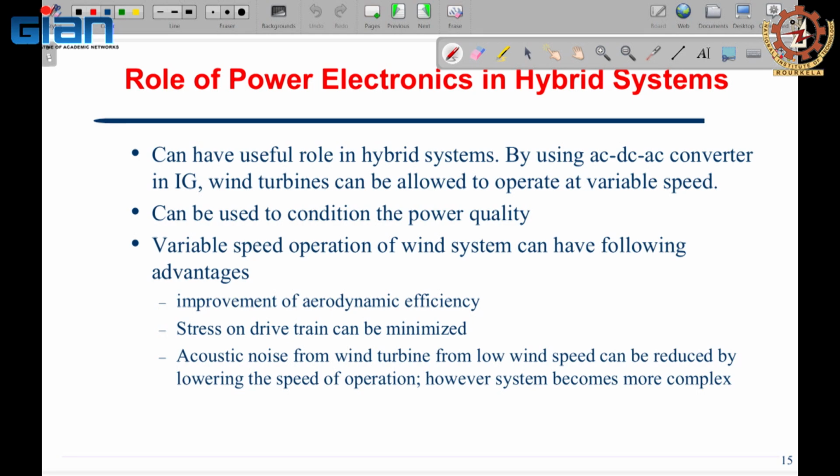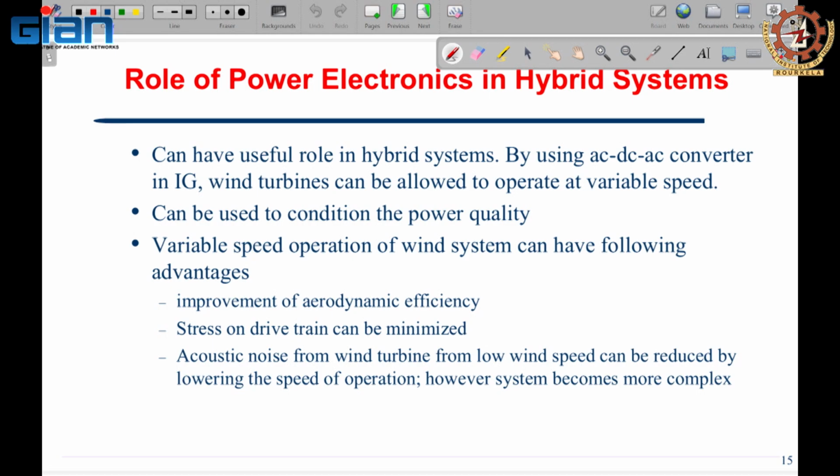And when we are talking about this AC DC AC converter, the wind system operation could be variable, so that can improve the aerodynamic efficiency of the wind turbine.